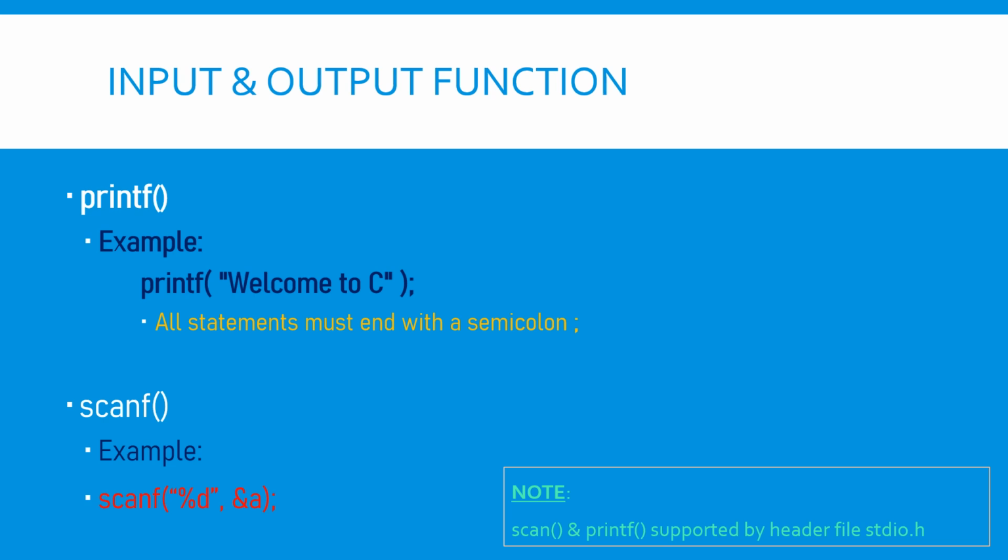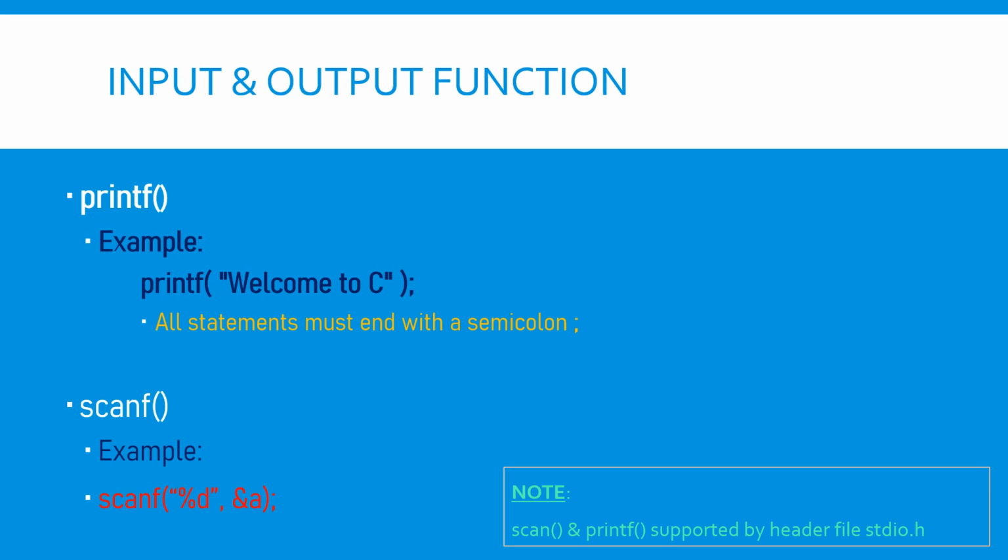For example, if I want to print some message, say welcome to C, I have to enclose the message in double quotes within the bracket. Printf, open bracket, open double quote, write down the message welcome to C, close the double quote, close the bracket, put a semicolon. Now when this is executed, we'll be able to see the message welcome to C in the output window.